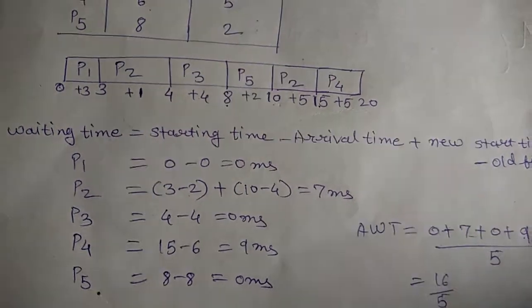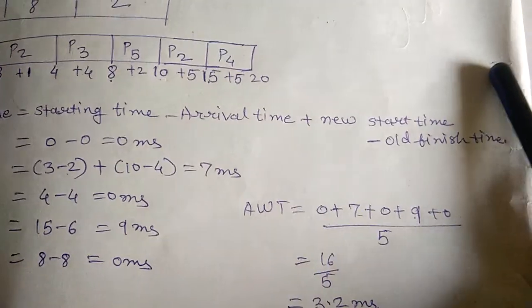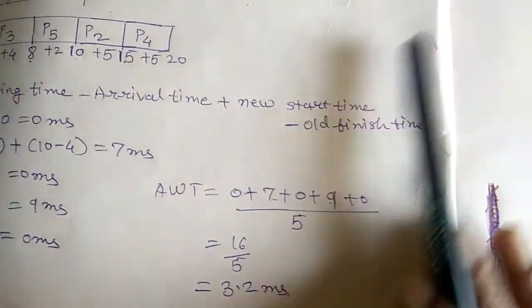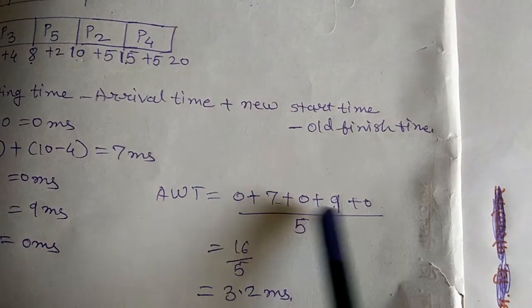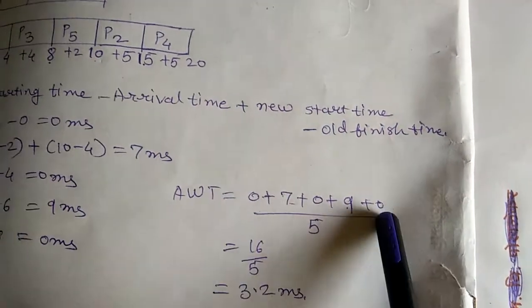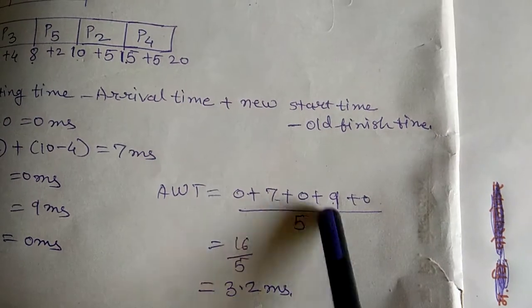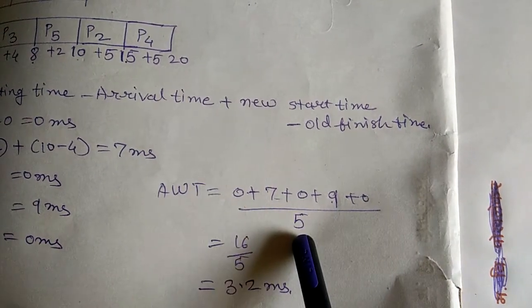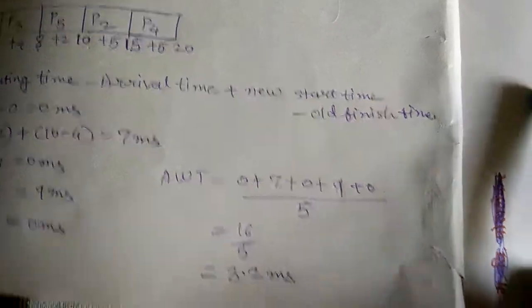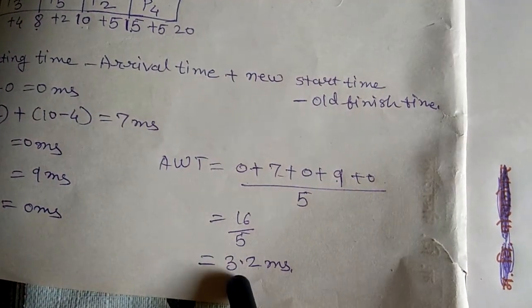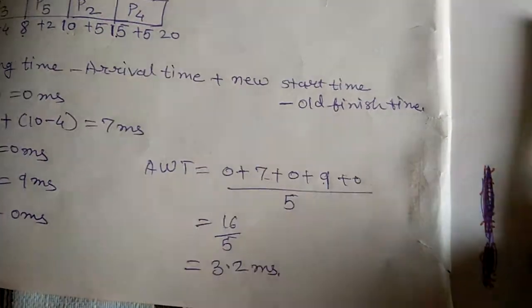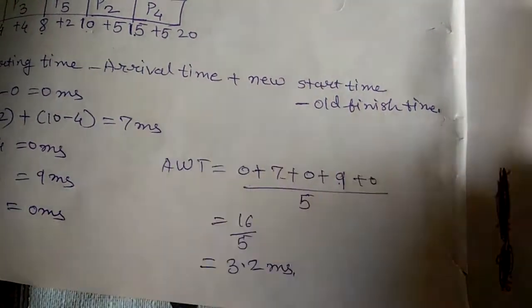For the average waiting time for all 5 processes, let's add all these values. The total we have got is 16. The total is divided by 5. 16 divided by 5 is 3.2 milliseconds. So this will be the average waiting time.